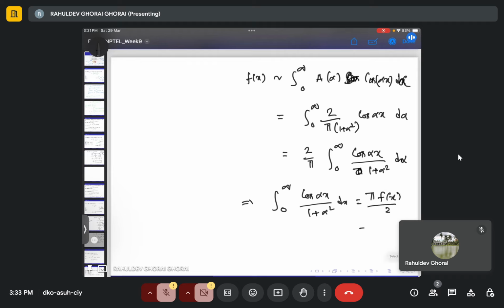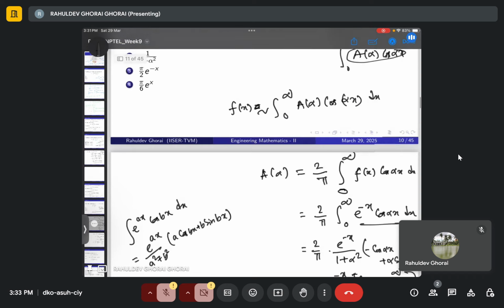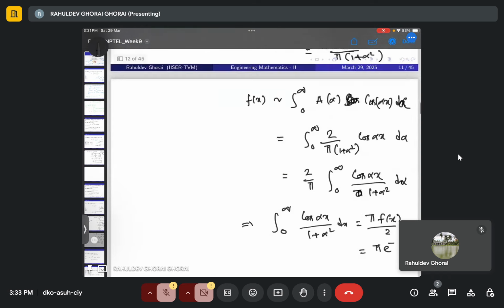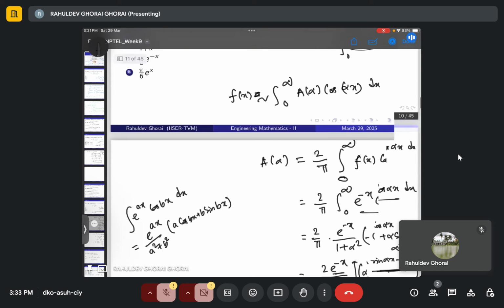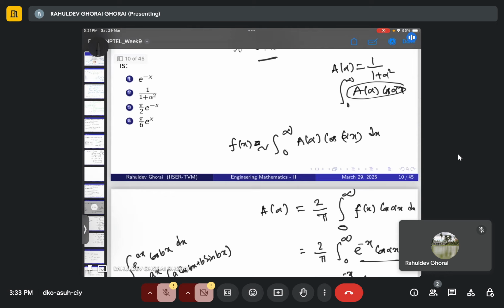What's the value of f(x)? That is e to the power minus x, right? So e to the power minus x over 2. So that will be the answer then: pi e to the power minus x over 2. So this is the answer.